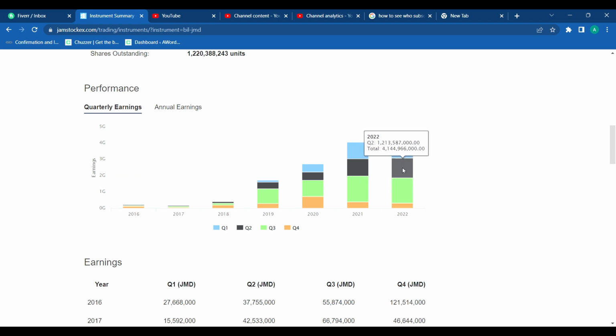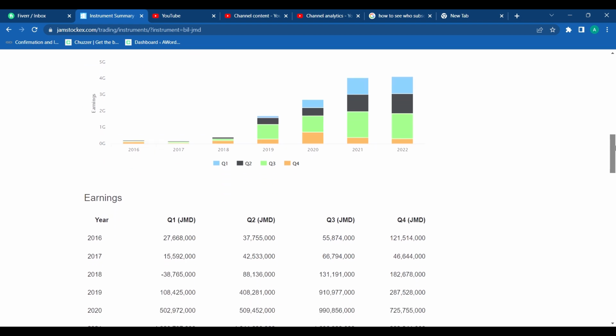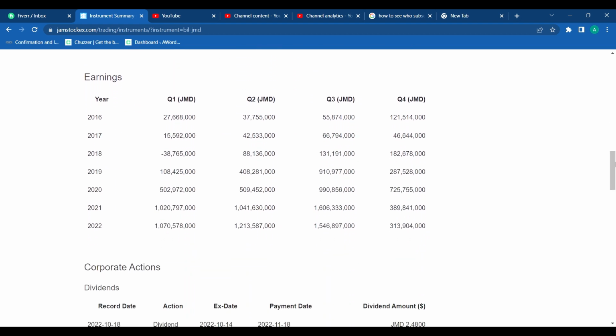Let's go down. A better way to look at it is the earnings chart, which displays some charts will show you 3 years, some charts will show you 5 years. Here on Barita, it shows you from year 2016 to 2022, and you can see that in quarter one of 2016, the company made $27,668,000.